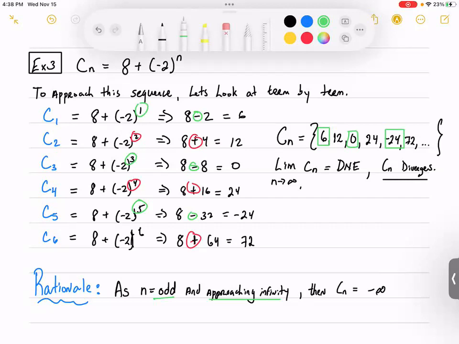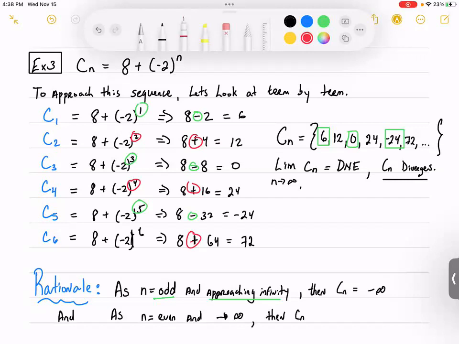On the other hand, as n is equal to an even number and approaching infinity, so I'm going to use an arrow for approaching infinity, then what happens to the sequential terms for Cn?